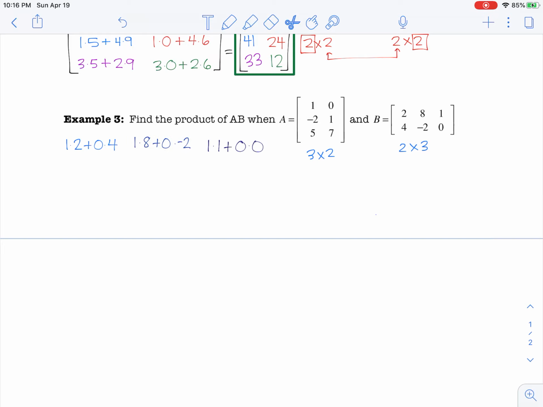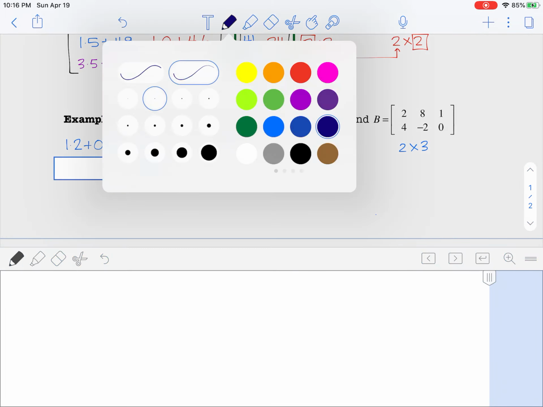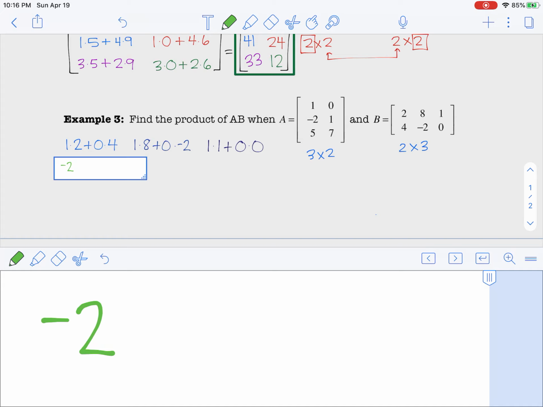So you'll notice you see that 1 and 0 duplicate itself because we're using the same row every single time as we float through our columns. All right, next one. So we have negative 2 times 2 plus 1 times 4.